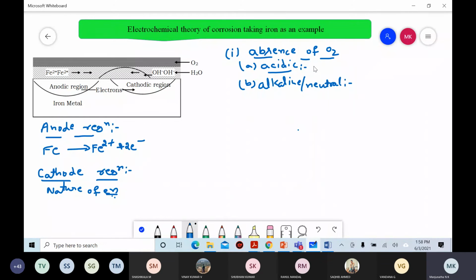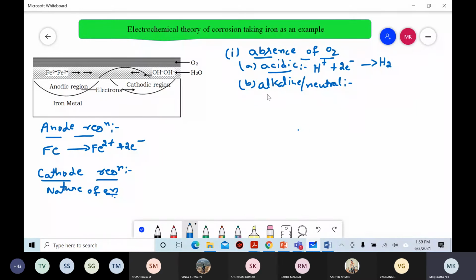First, if the medium is acidic in nature, the H+ ions available in the environment gain the liberated electrons and are reduced to hydrogen. Meaning there is a liberation of hydrogen in the absence of oxygen in acidic medium.